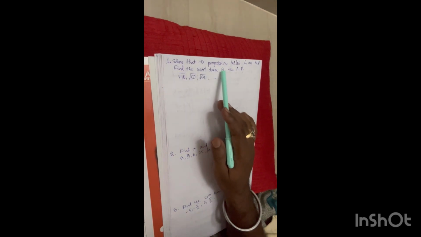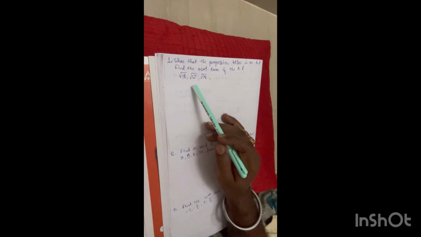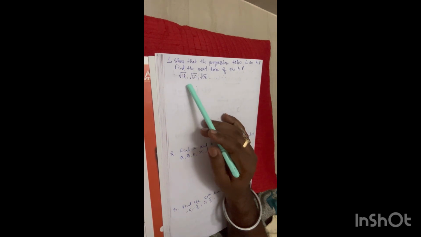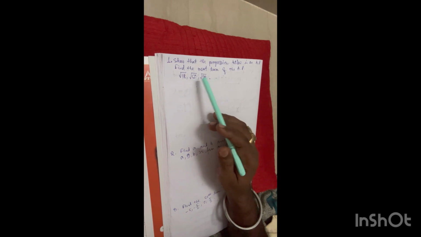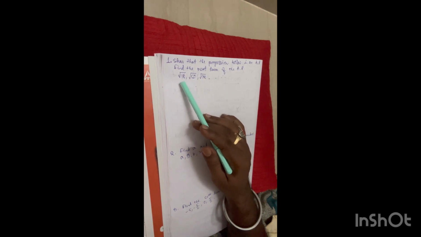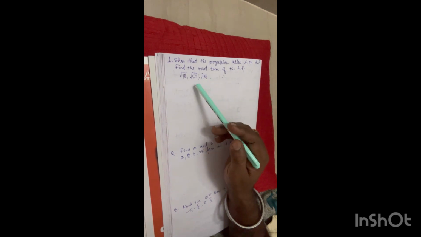The progression below is an AP. So there is a series, with some numbers given which we can take as consecutive terms of an AP series starting from the first term. Your first task is to prove it is an AP series.